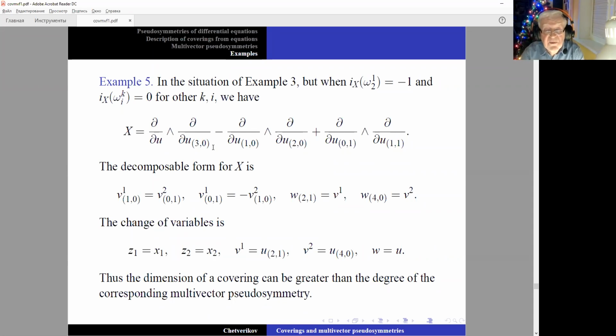The decomposable form of the covering for X is this form, and we obtain the change of variables of this form. Thus, the dimension of a covering can be greater than the degree of the corresponding multivector pseudosymmetry.